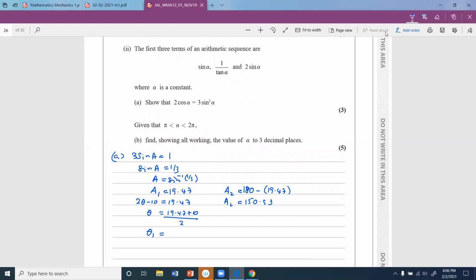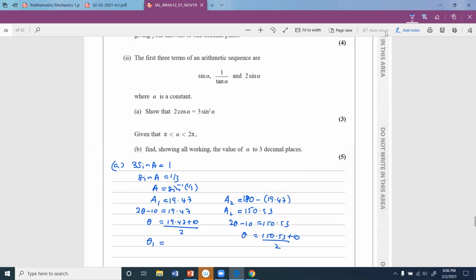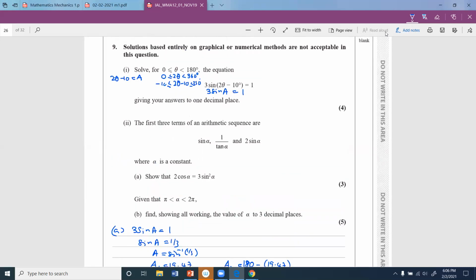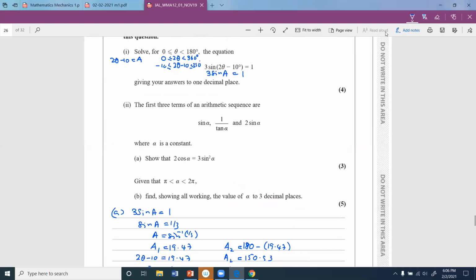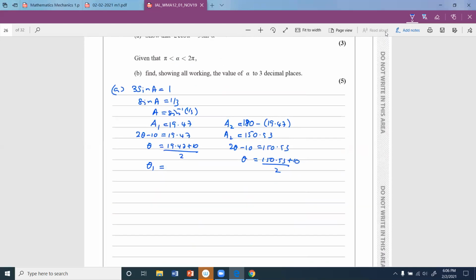From here also, you can say 2 theta minus 10 equals 160.53. Therefore, theta equals 160.53 plus 10 divided by 2. So when you get the range for 2 theta, and you get the answer, definitely the solution for theta will fall into this range. It doesn't make a problem. So definitely you can get this answer for theta 1 and theta 2. That's it for that. Right.